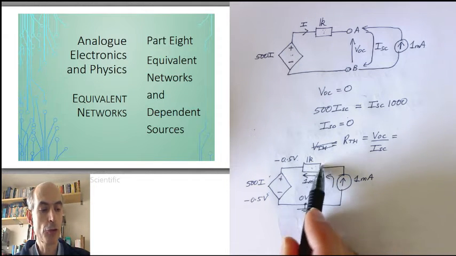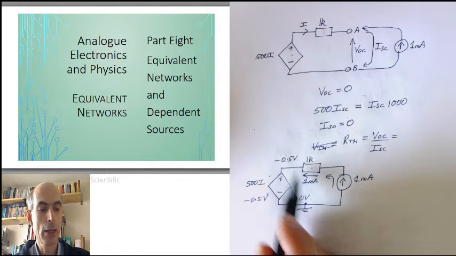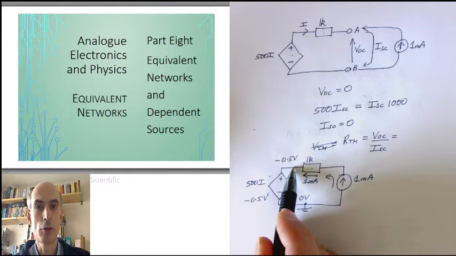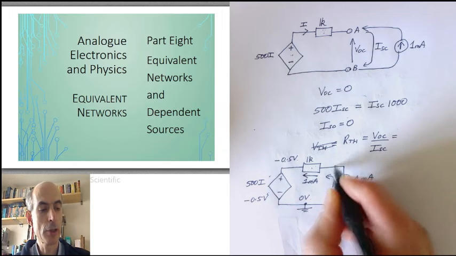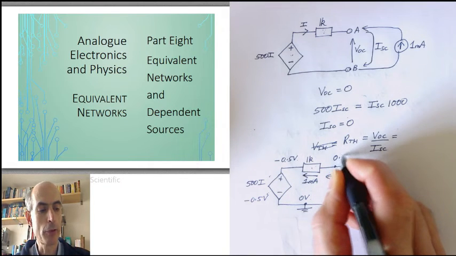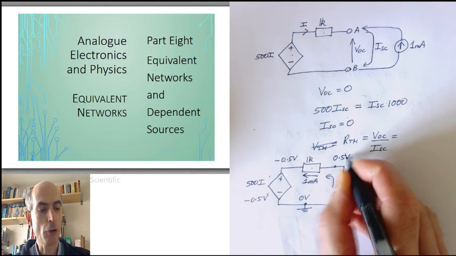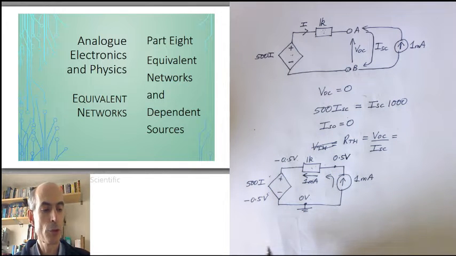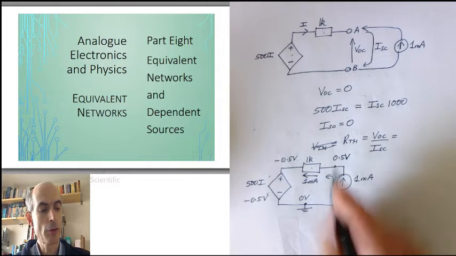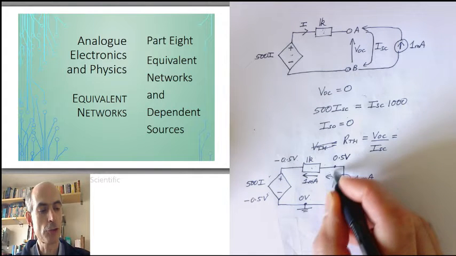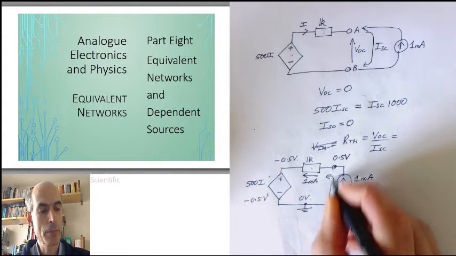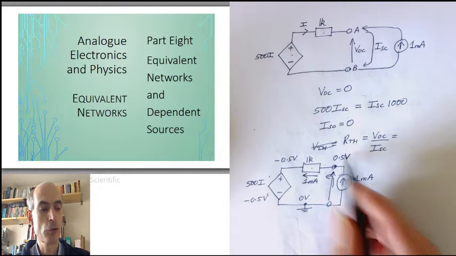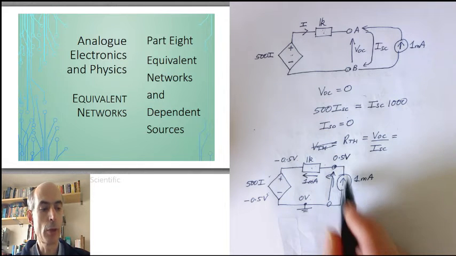The voltage across this resistor is 1 volt. And on this side, it's minus 0.5 volts. On this side, it must be plus 0.5 volts, so that the voltage drops by 1 volt across this resistor. So I've determined that the voltage across my two-terminal network is 0.5 volts when there's 1 milliamp flowing into it.